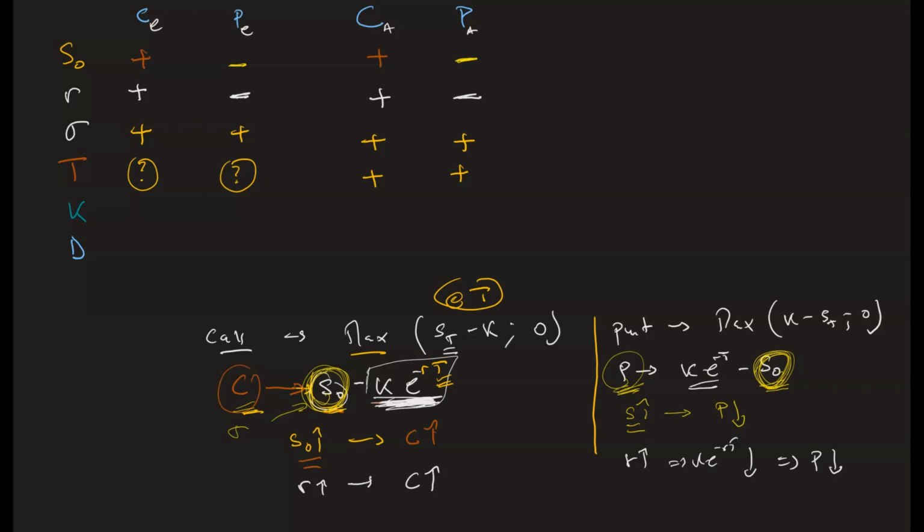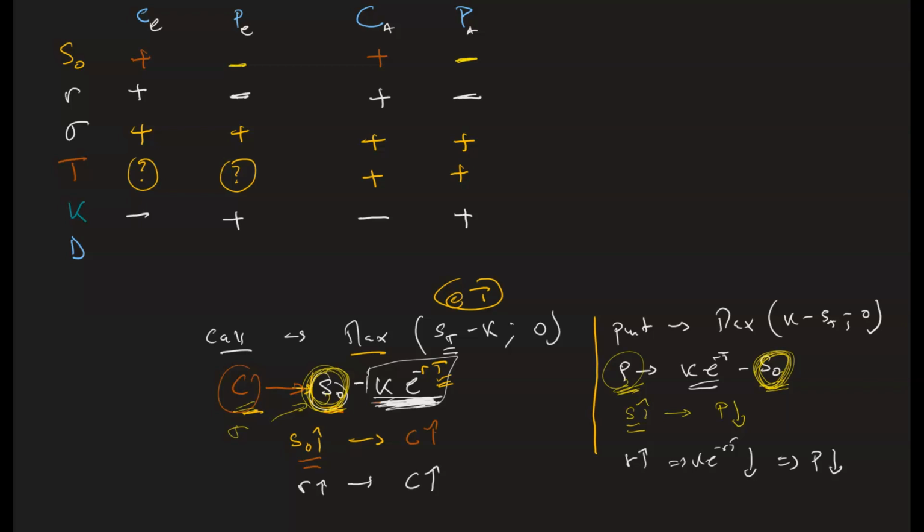So the higher the strike price, the more difficult it is for the option to be in the money. So we're going to have a negative sign here for a call option, and we're going to have a negative sign there for the call option as well. For the put option, on the other hand, the higher the strike price, the better, because the higher the strike price, the more in the money the option contract is likely to be. And so it's going to be a positive sign there and a positive sign there.